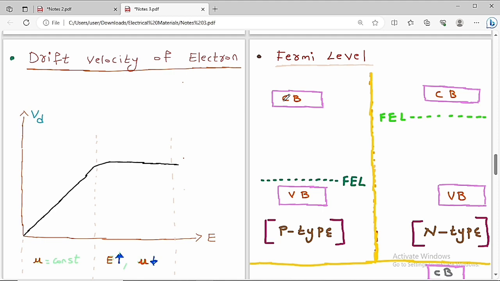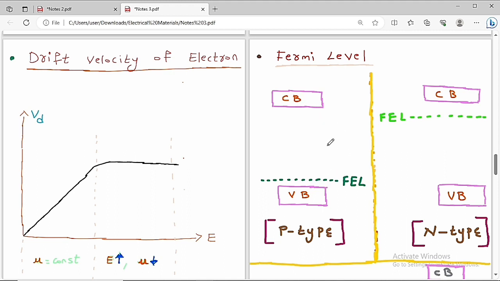We can't see any hole in the conduction band. Only we can see the free electrons. Therefore, in the valence band, we can see the holes as well as the valence band electrons, whereas in the conduction band, we can see only the free electrons, but not any holes.